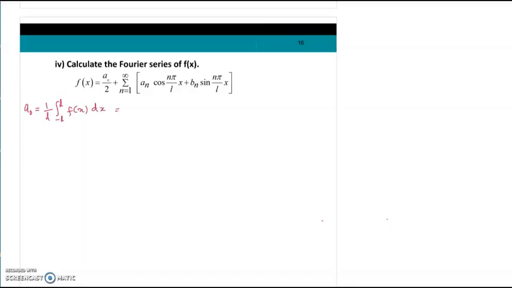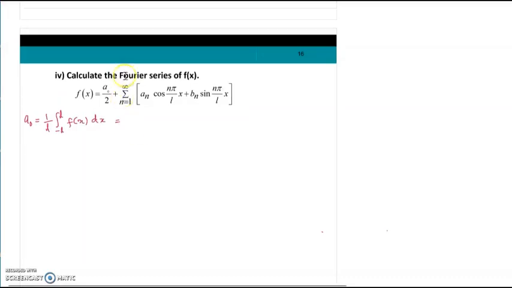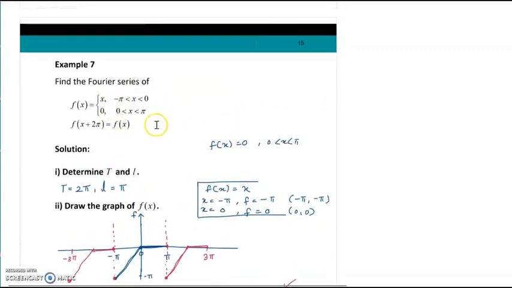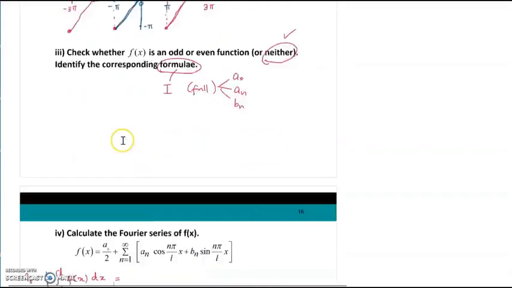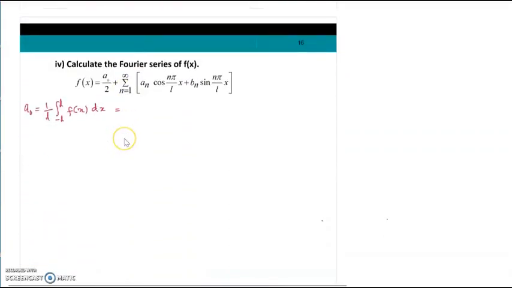But for this example, our fx is divided into 2 intervals. We have here our L is pi, so 1 over pi. The first interval is from negative pi to 0, and the fx in that range is x.